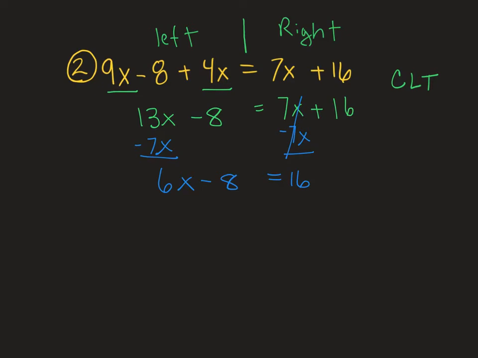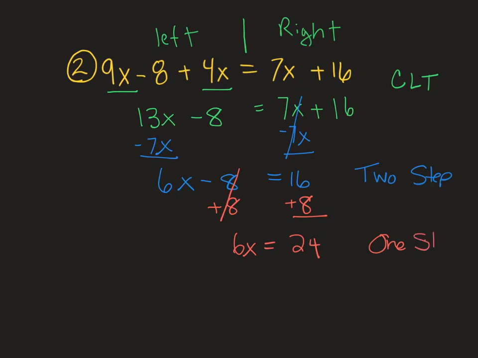And by working that inverse there, what I've now done is created that two-step equation. I see the negative 8, so I'm going to add 8 to both sides, which will leave me 6x equals 24.